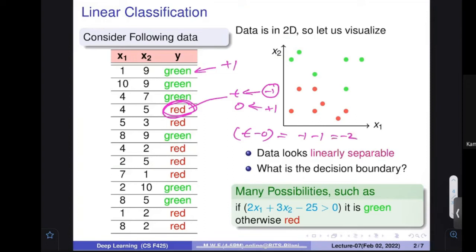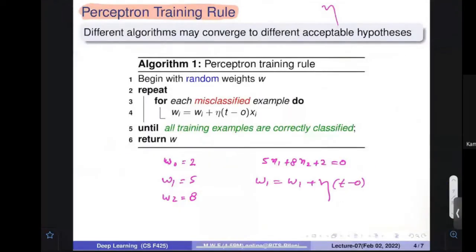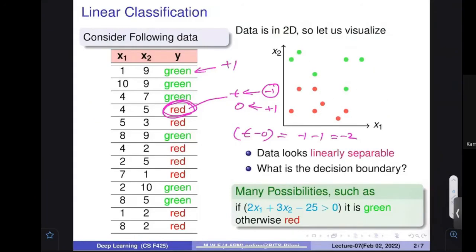So target minus output is -2. Then I multiply with the value of x, for whatever example I was considering. If I'm modifying x, you know also that there is x0 where all the values are 1.